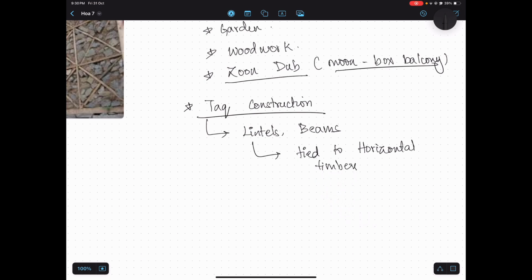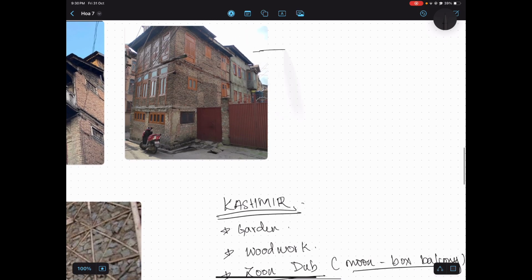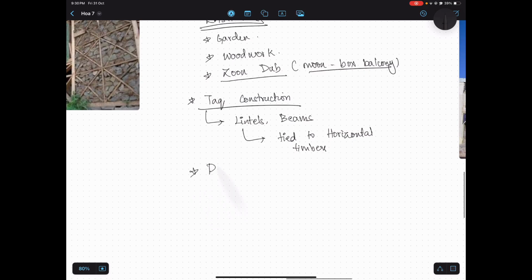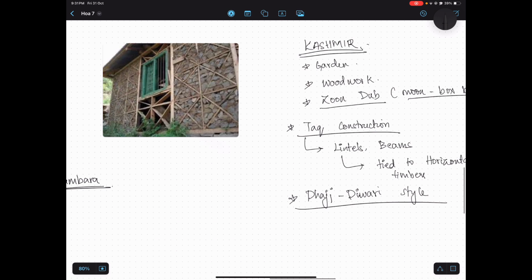So this is an example of tuck construction. You can see timber bands going on, so that is tuck construction. The other construction that was used here is Daji Diwari style construction. So now these are timber frames made, and then rubble masonry is used in the middle. So that is the Daji Diwari style.